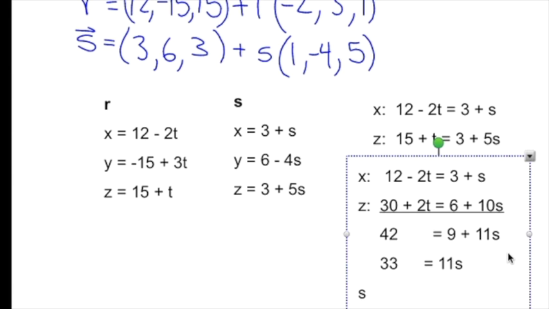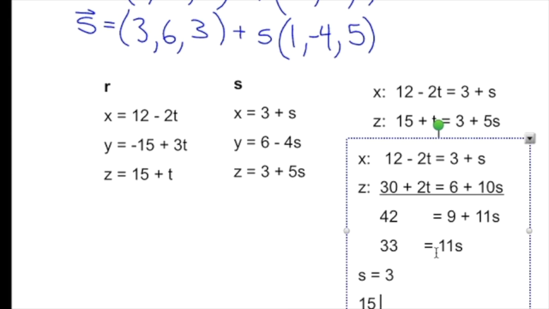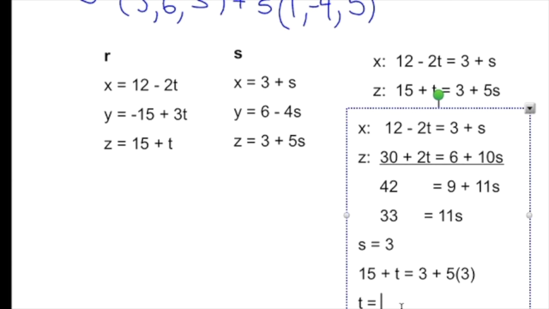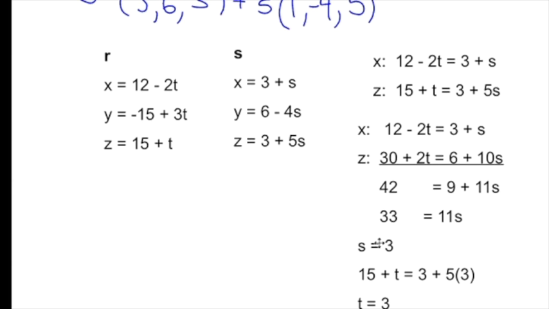And that means s equals 3. And that means then if I go back here, let's say I use the z again, 15 plus t equals 3 plus 5 times s, which is 3. So that's 15 plus t equals 15 plus 3, so obviously t needs to equal 3.